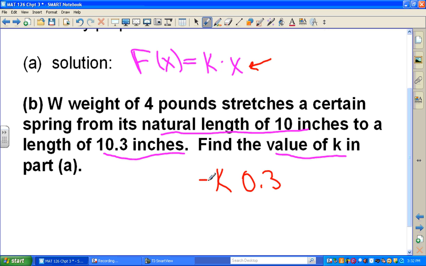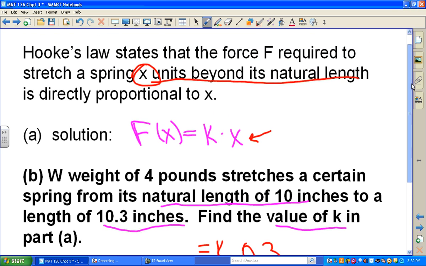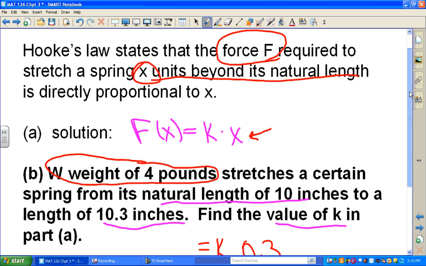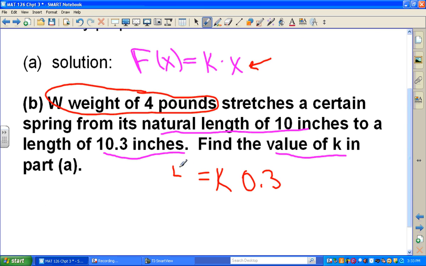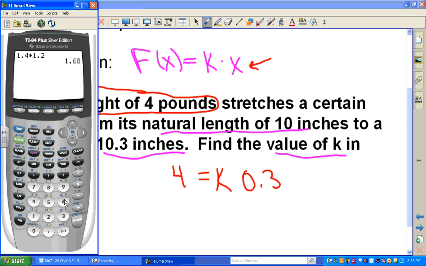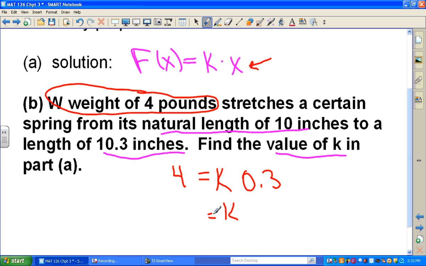We also know from Mr. Glaser in physics that force, F, is the same as the weight, W, of 4 pounds. So that equals 4. That means k equals 4 divided by 0.3. So k equals 13 1/3.